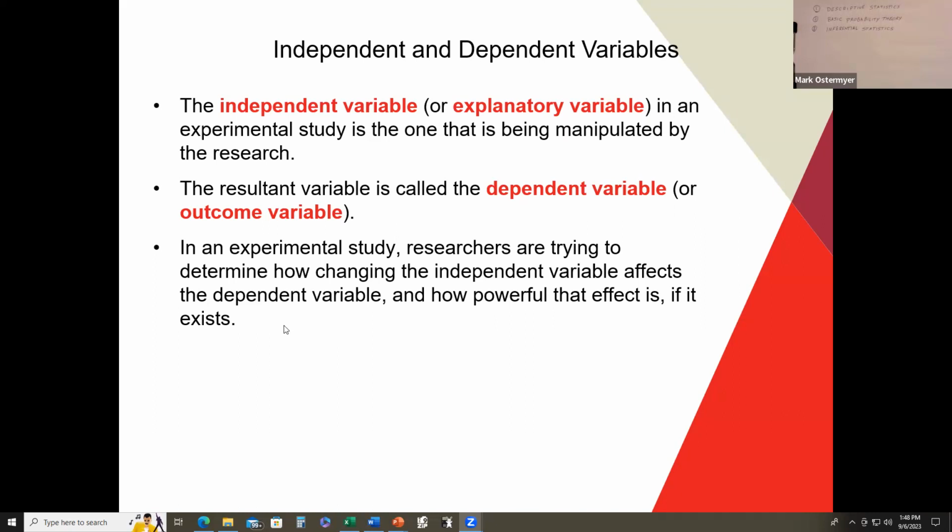So the nice thing about an experimental study is we have more control over the situation. We can basically hold fixed all other variables and only allow one independent variable to change to see what type of effect it has. Because we have all this control, we can get more accurate results than maybe an observational study.